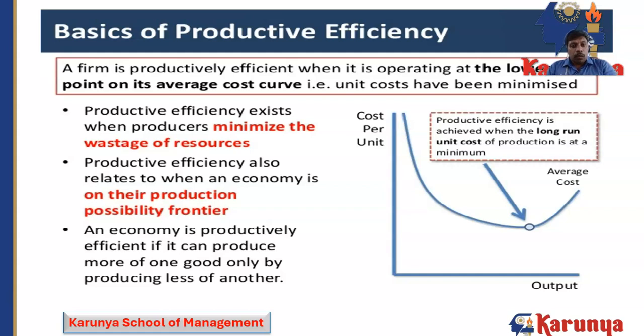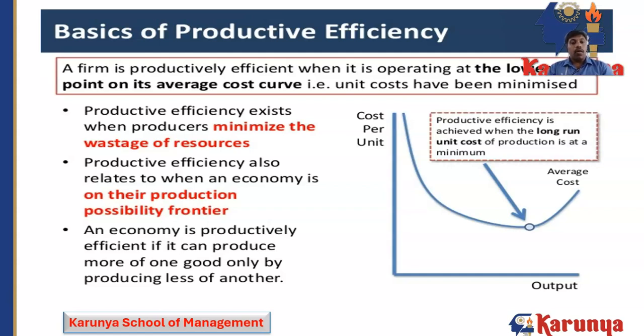So, what is productive efficiency? The line clearly shows the average cost line. Every production unit invests a lot of money to produce goods and services. If the production unit is not employing all the resources effectively, what will happen?